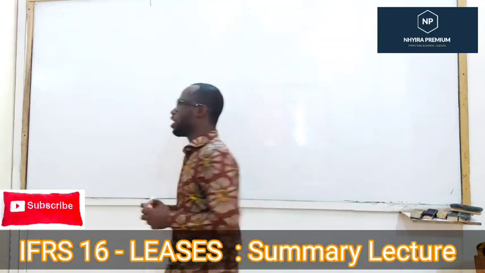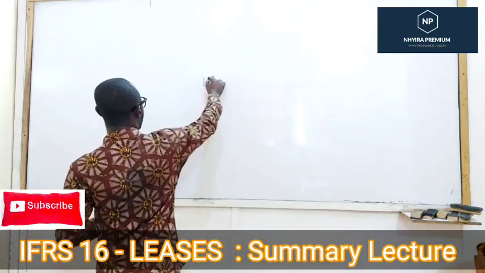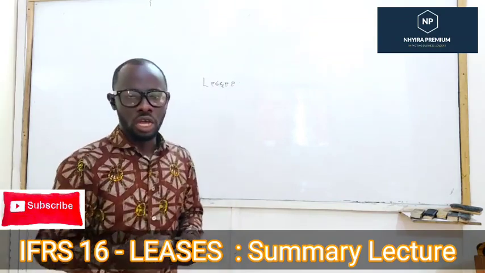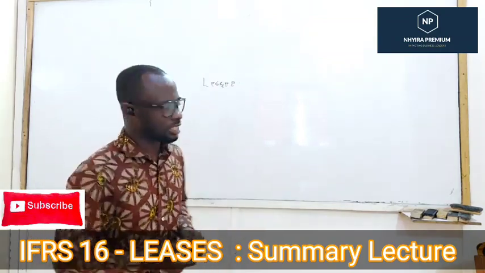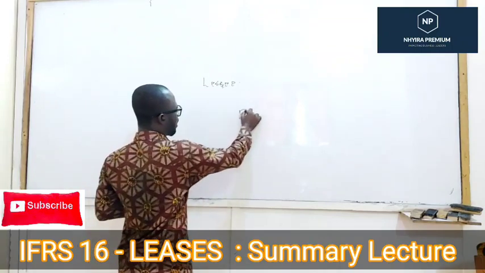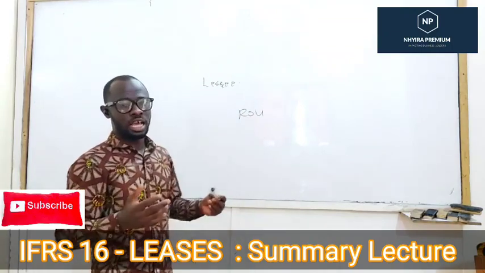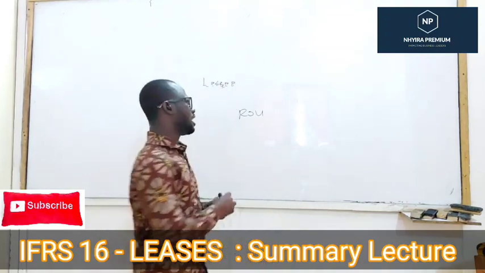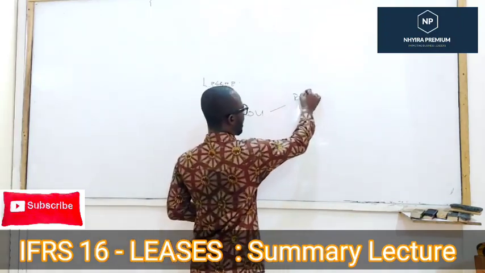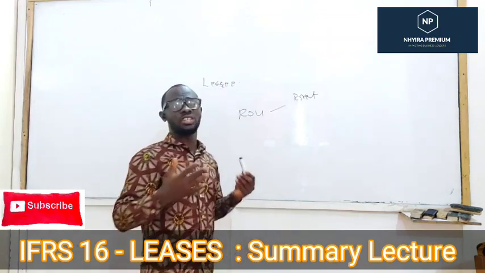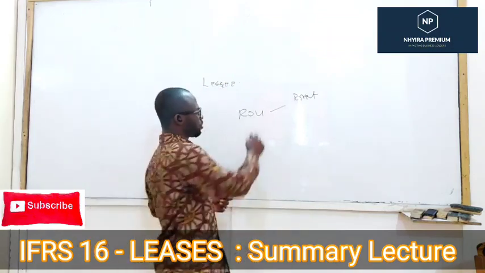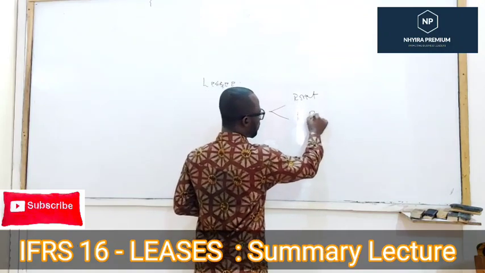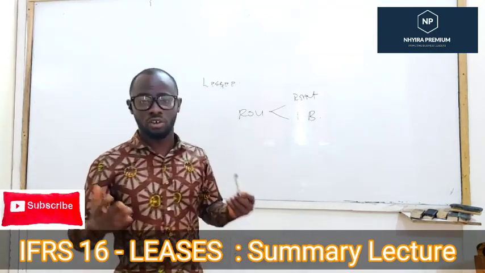So in simple language, once the lessee signs a lease with a lessor, the big question we ask ourselves is, does the lessee have a right of use of an asset? When we say the lessee has a right of use of an asset, it means that the lessee can direct the asset and control how the asset is going to be used, and the lessee receives substantially all the economic benefits from the usage of the asset.